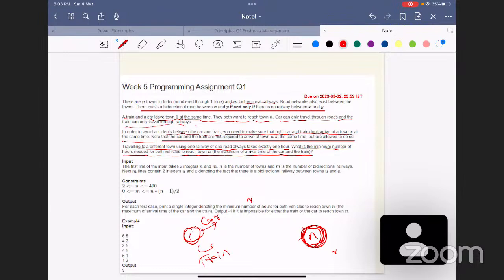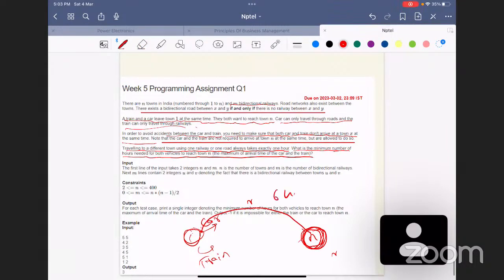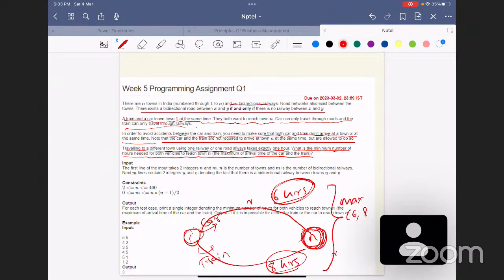So what do we have to calculate? Let's say the car takes 6 hours, which is the minimum time for the car to reach N, and the train takes 8 hours, which is the minimum time for the train to reach N. Then we have to print the maximum of 6 and 8, which is 8.